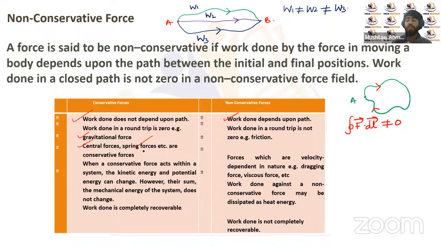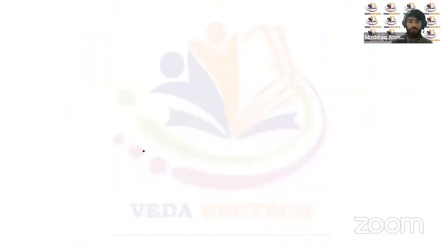In case of conservative forces, both kinetic and potential energy can interchange, so that the total mechanical energy is always conserved. But in case of non-conservative forces, the total mechanical energy is not conserved, or we can say the work done is not completely recoverable. So these were the two important differentiations between such forces.